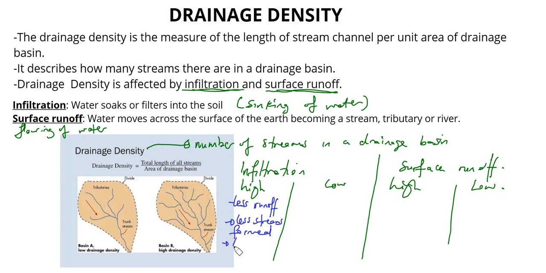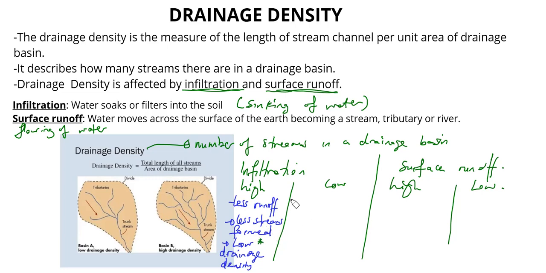So we've got low drainage density. So here we are saying when you've got high infiltration, it's characterized by low drainage density. That's what you must understand. Why do we have that? Because we've got less runoff, we have got less streams formed, so we don't have much there.